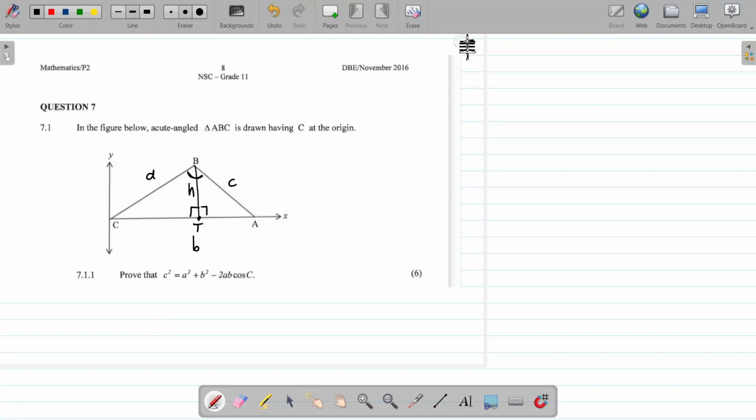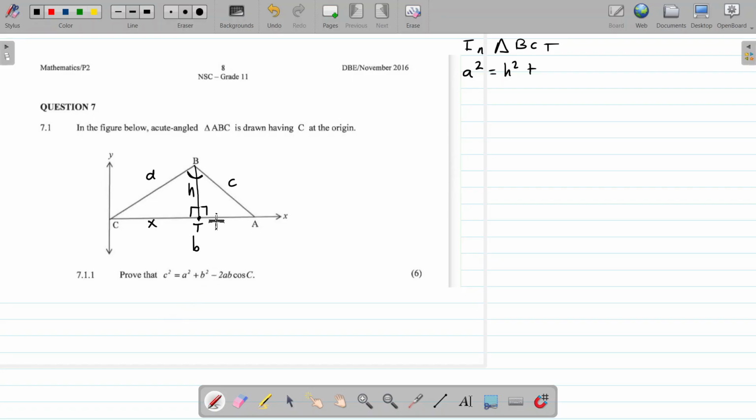Let's go in triangle BCT. Triangle BCT, I'm going to do Pythagoras. So it's going to be a squared, that's my hypotenuse, equals h squared. And then this side over here, which is called CT, let me just call it x for lack of a better wording.